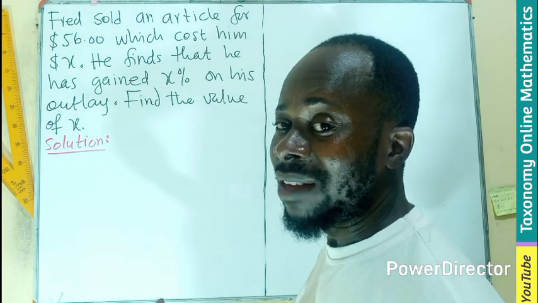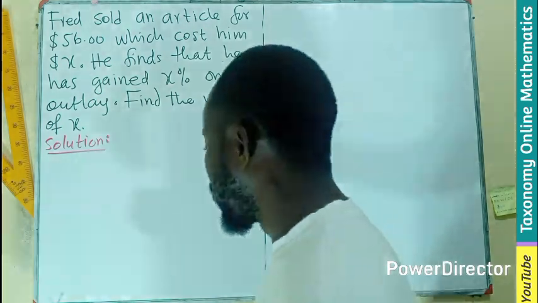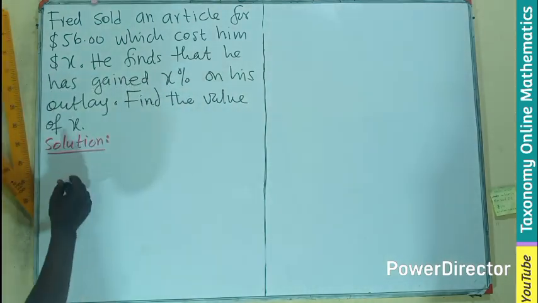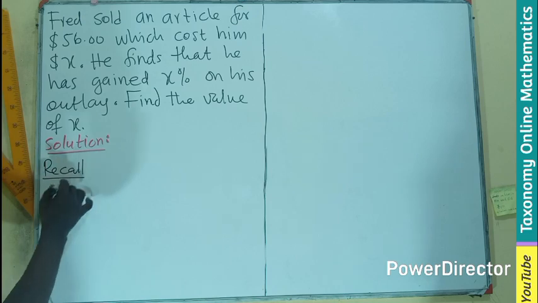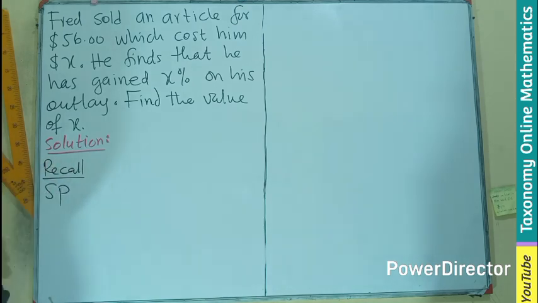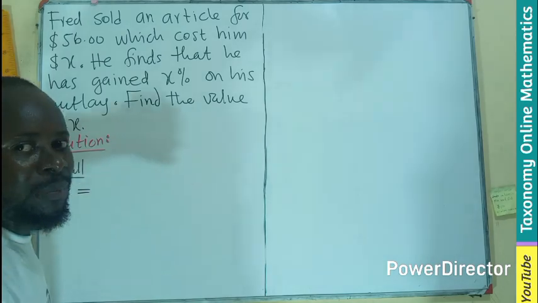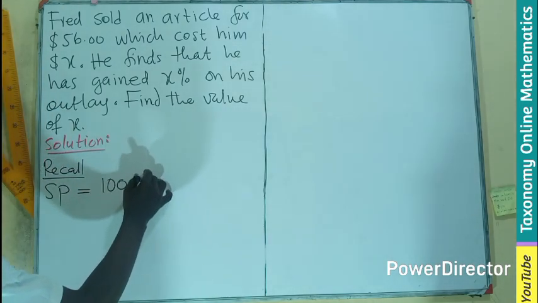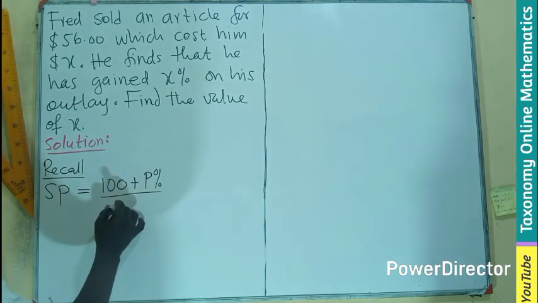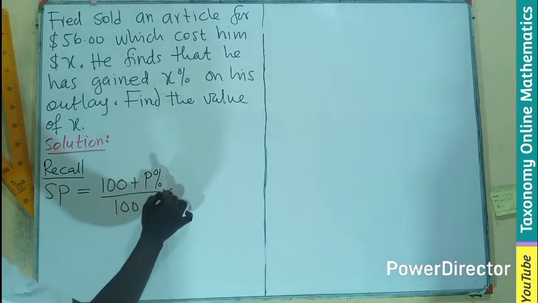the formulas we discussed under profit and loss, which says that if I'm asked to find the selling price, it is equivalent to the increase in percentage. So it's 100 plus profit percent, divided by 100, times what?